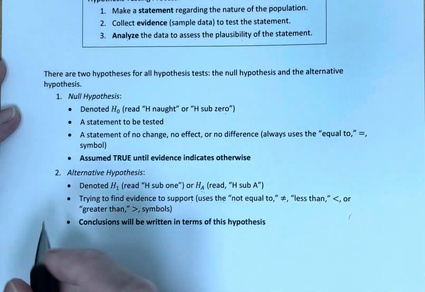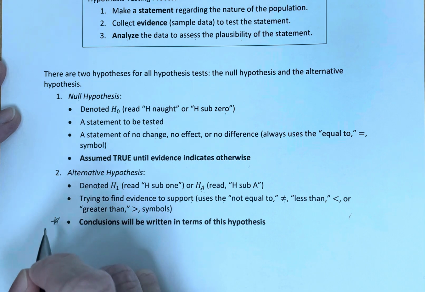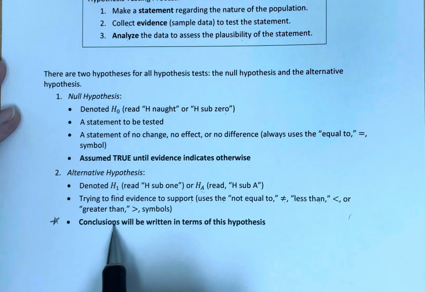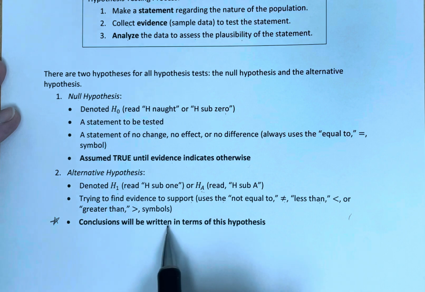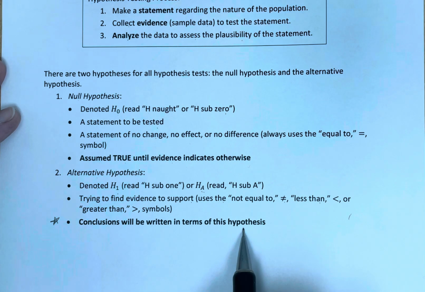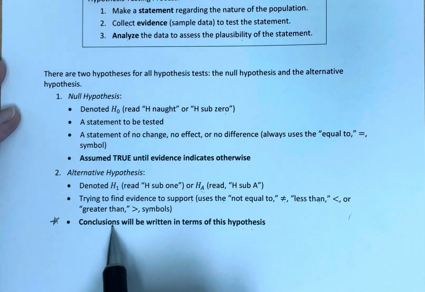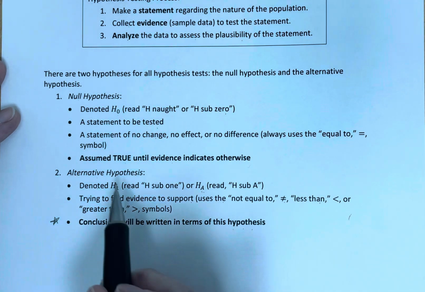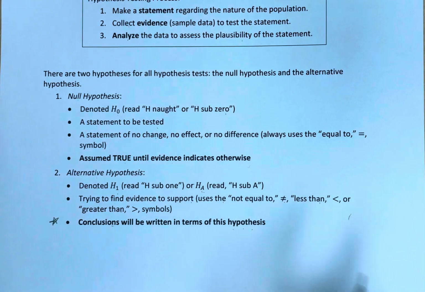Key here, and I would mark this maybe with a highlighter or a star: all of our conclusions will be written in terms of the alternative hypothesis. All conclusions we're going to write are written in terms of this hypothesis, the alternative hypothesis.